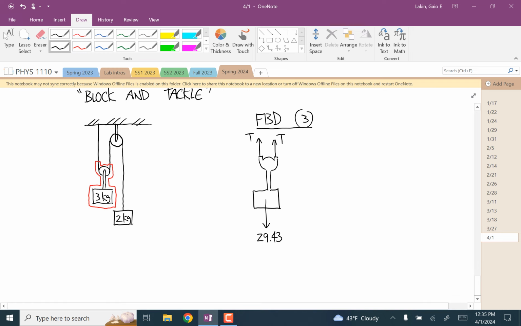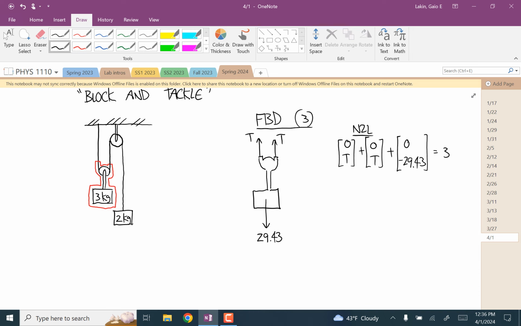And then Newton's second law says 0T plus 0T plus 0, negative 29.43 is equal to the mass times the acceleration vector. This is the first body, so all we need to decide is is it moving along X or Y? Y, so I'll call this 0A.